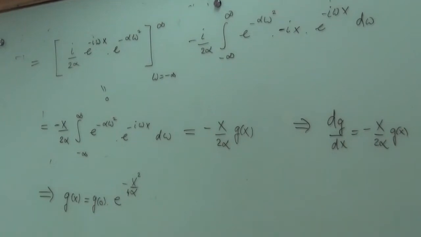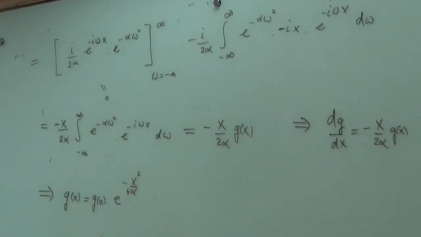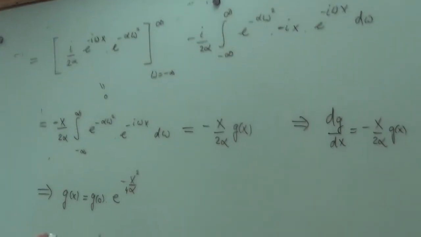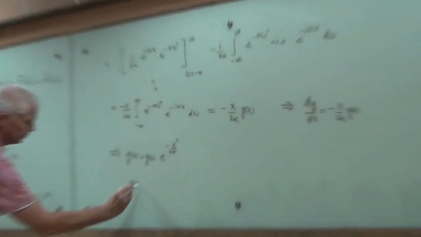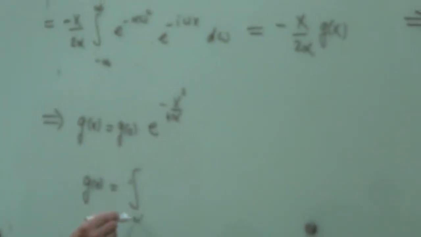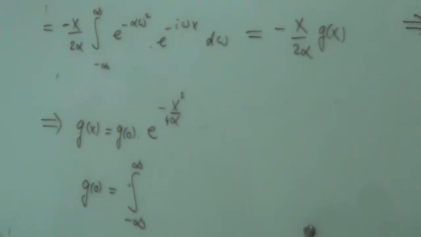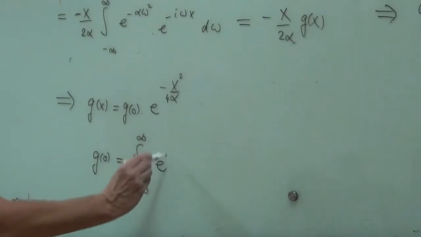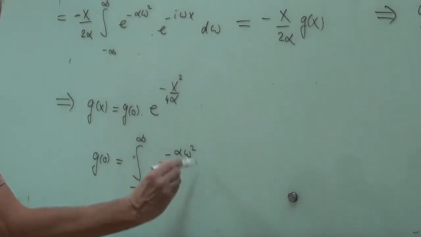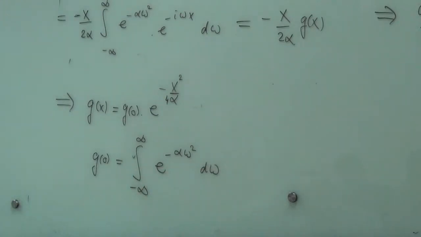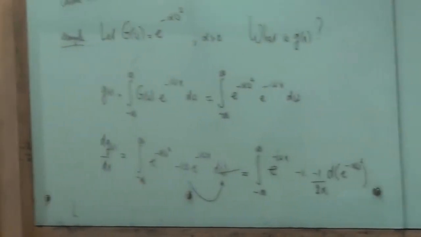Then I would like to know what is g(0). Well, g(0) is equal to the integral from minus infinity to plus infinity of e to the power minus alpha omega squared d omega. You agree? x is 0. Can we compute this integral?